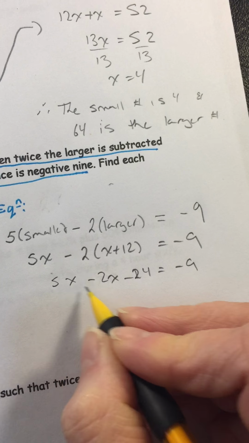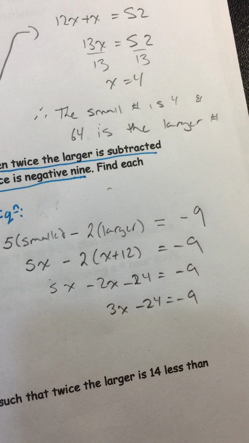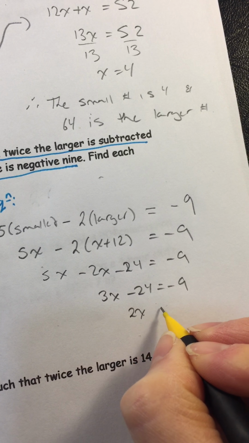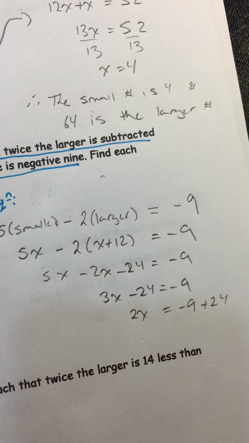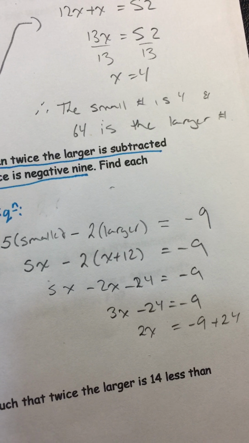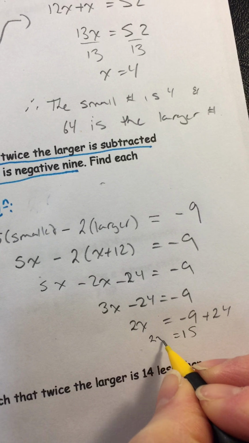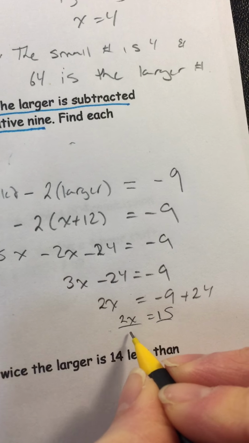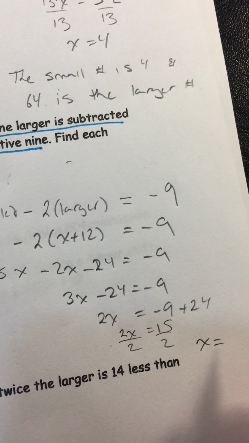And I'm going to get 3x equals -9, 24. And so I'm going to get 15. Divide by the coefficient of 2, and I get x is equal. Oh, really?